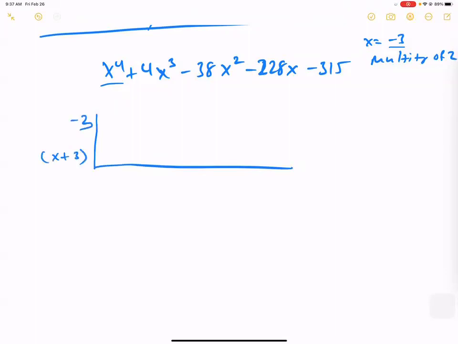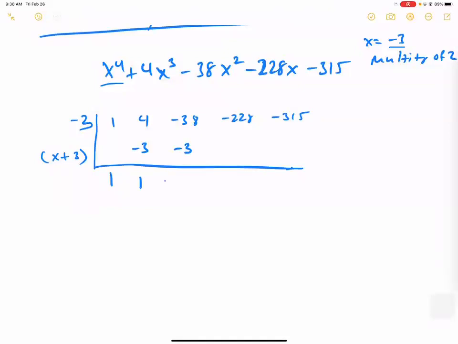So 1, 4, negative 38, negative 228, and negative 315. Synthetic division seems like it's a lot of work, but it's definitely easier than any other method. 1, negative 3, 1, negative 3.